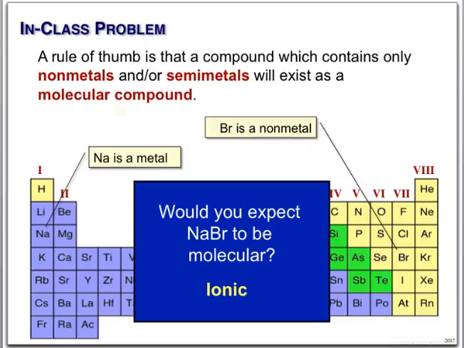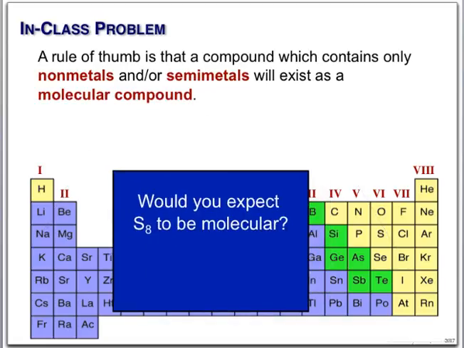Now there are lots of elements that exist as multiples of the same element. We've already seen chlorine. Chlorine exists as Cl2, doesn't it? Nitrogen is N2. Sulfur can exist in lots of different ways, but one is S8. The bonds in S8, are they covalent or ionic?